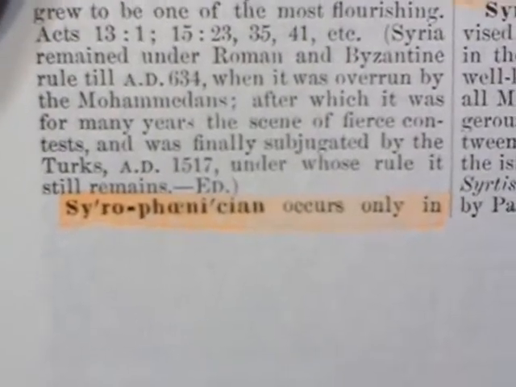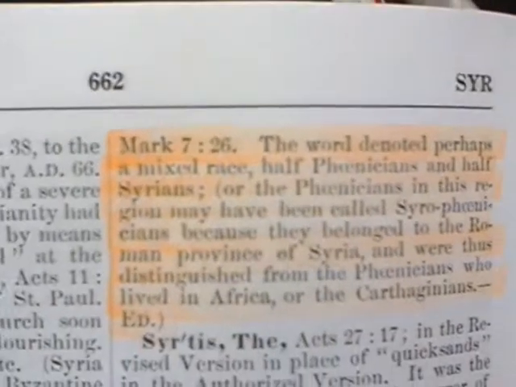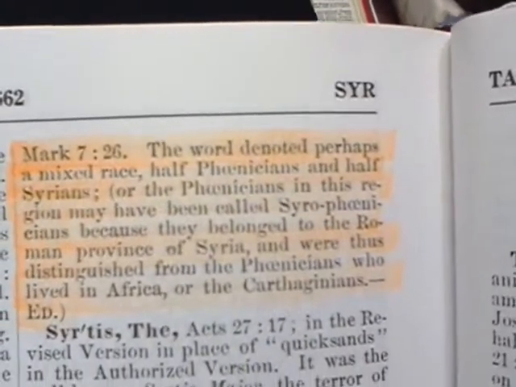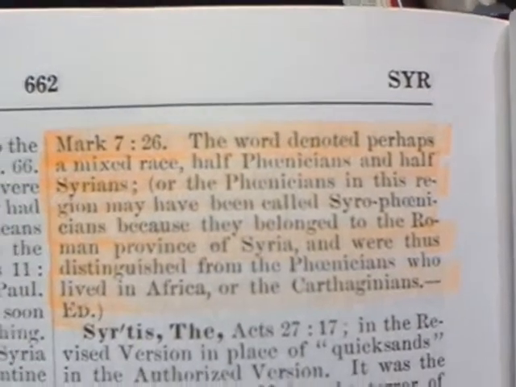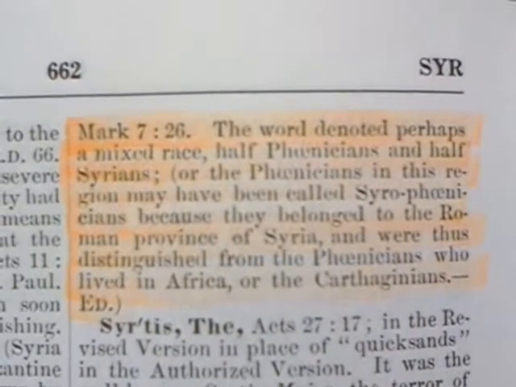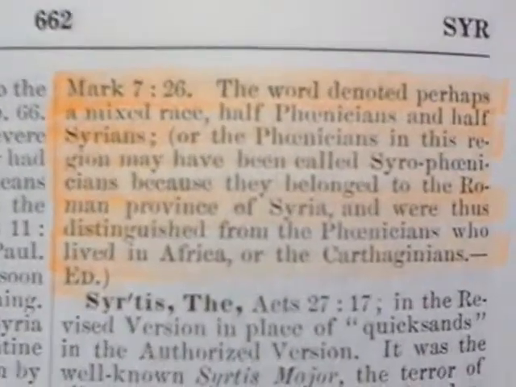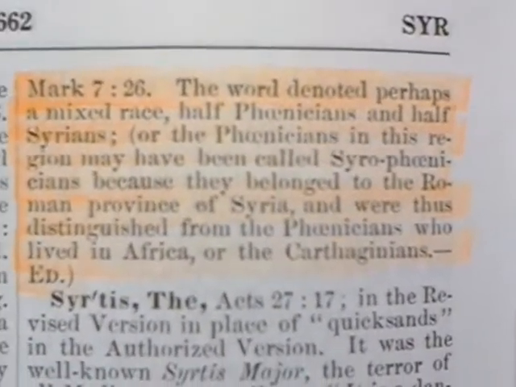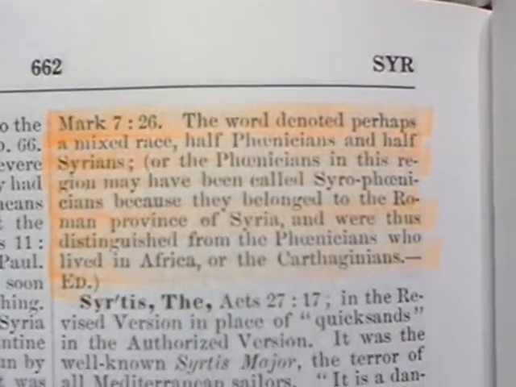It says Syrophoenician occurs only in Mark 7:26. The word denotes perhaps a mixed race, half Phoenician and half Syrian, which we know there's no such thing as mixed, because you are the seed of your father. Or the Phoenicians in this region may have been called Syrophoenician.